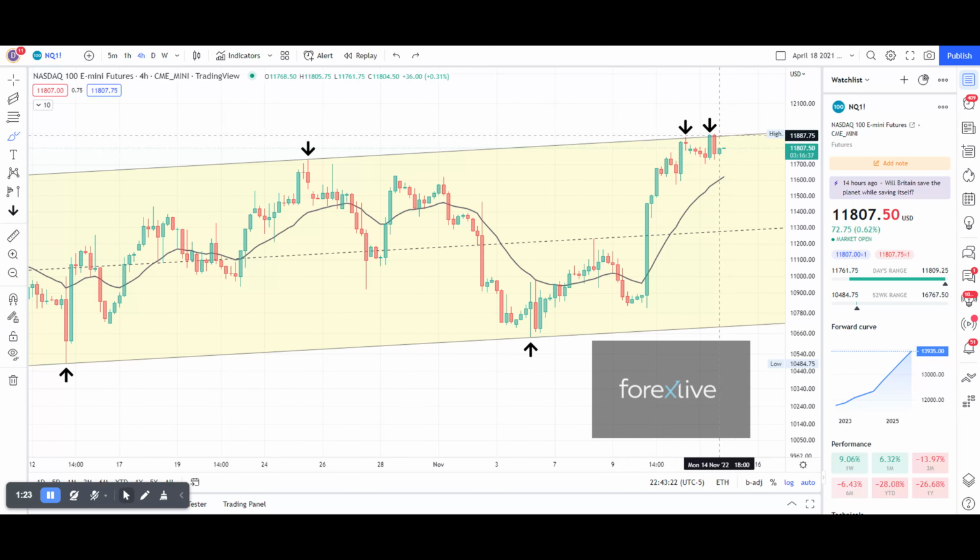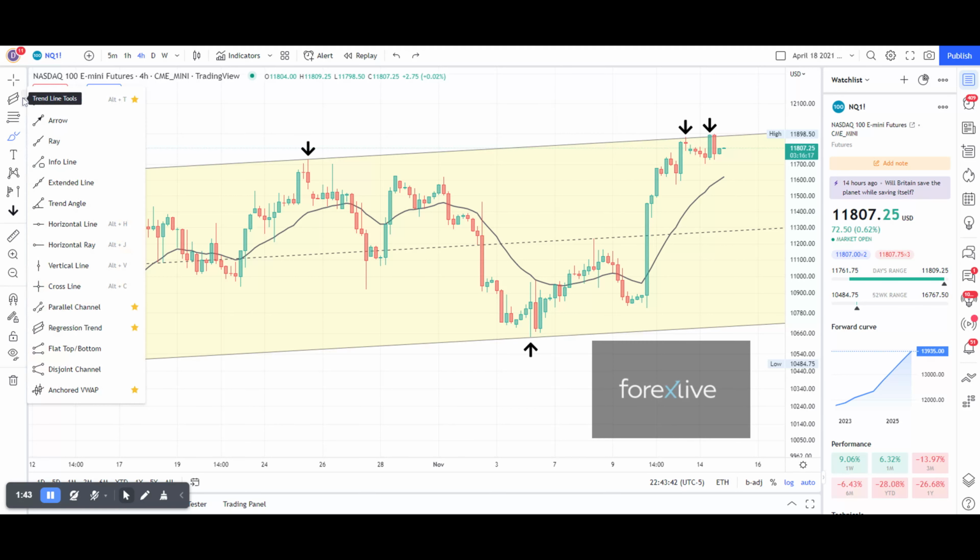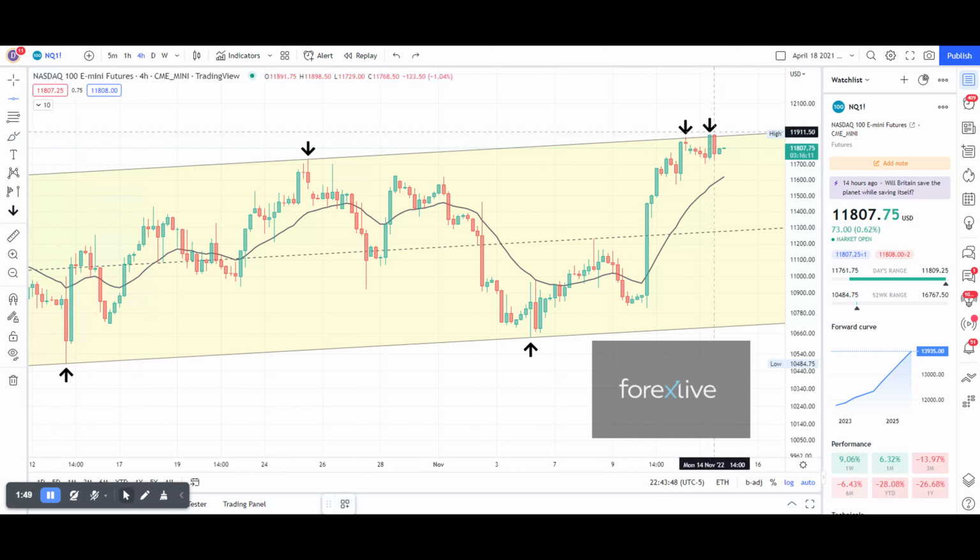Above the 11,900 round number, if a 4-hour candle closes above 11,900, it would be interesting to put a buy stop order, so that if it reaches there, it would clear that yellow channel.